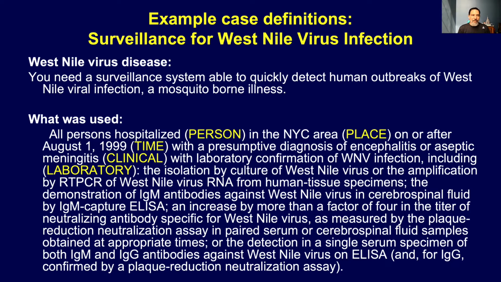So in the case of West Nile virus disease, the goals of the surveillance system are to quickly detect human outbreaks of West Nile viral infection, which is a mosquito-borne illness. And you can see the case definition that was used during the outbreak here in 1999. And we're going to go into this case study in more detail later on. But it did specify information on the person, place, time, clinical, and laboratory as well.